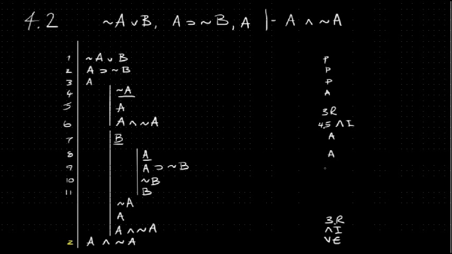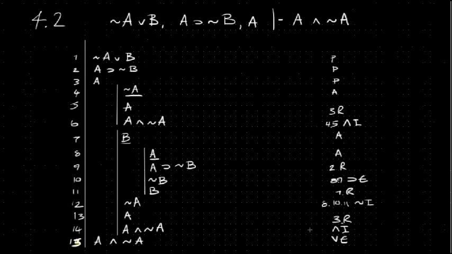We'll assume A, reiterate up line 2, and then 8 and 9 give me not B through conditional elimination, and then I can reiterate up line 7, and there's my contradiction. 10 and 11 contradict one another, so on line 12 there's my justification: 8, 10 and 11 negation introduction. 13 is just a reiteration of 3, and we've already got the rule written in, so then 14 and the last one's 15. So there we go.